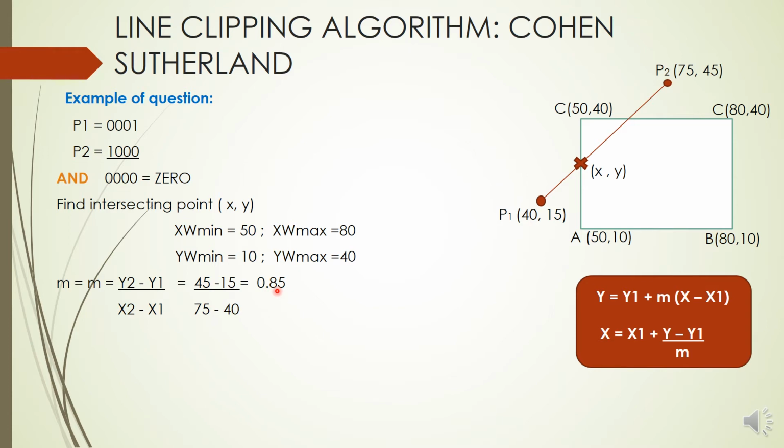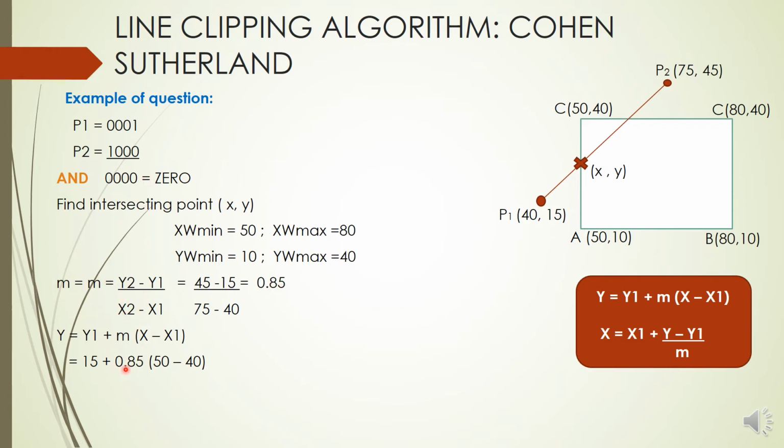Then we need to find the y value first using this formula: y equals y1 plus m times the bracket x minus x1. y1 is from this x1, y1, so it is 15, and the slope m we just calculated is 0.85.